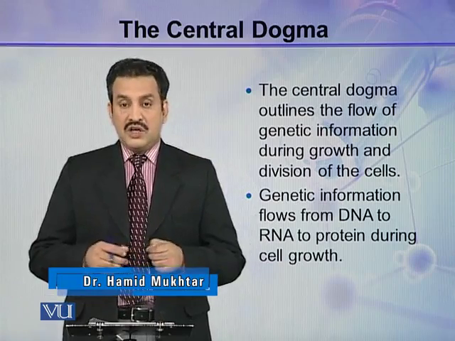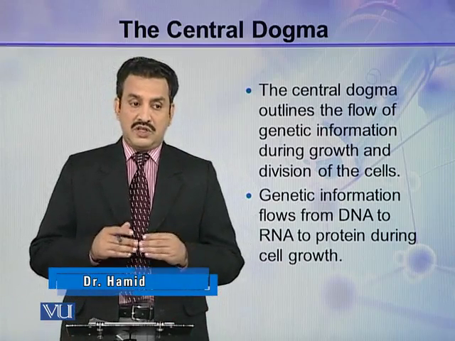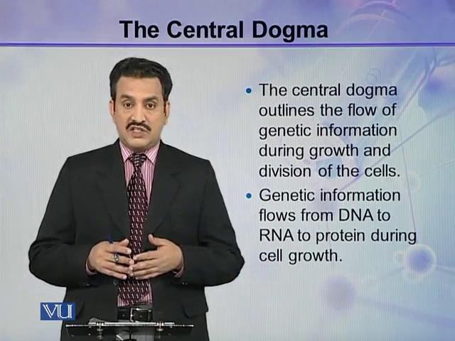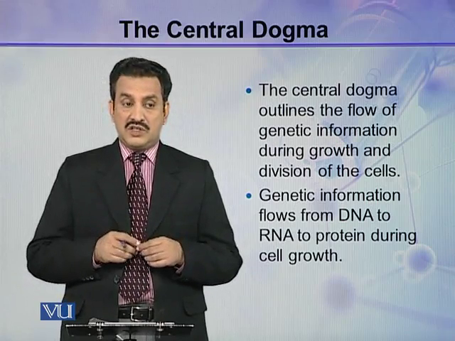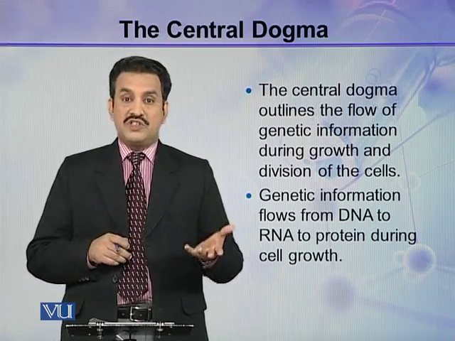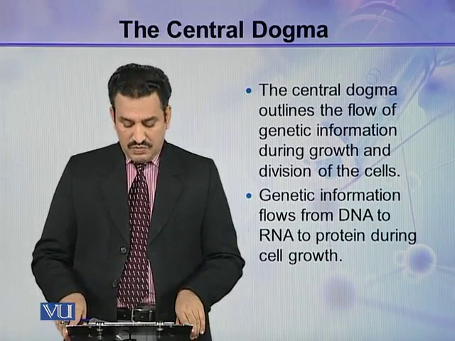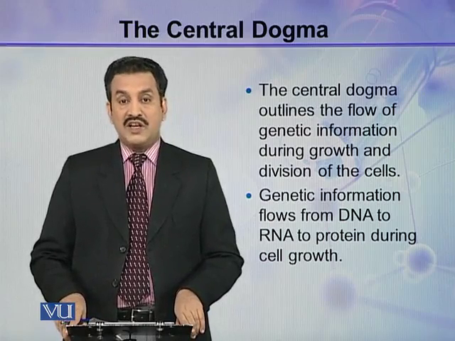And similarly, during the division of the cell, that means the formation of new cells, the question arises: how is the information stored in the DNA copied to the new cell? Genetic information flows from DNA to RNA to proteins during cell growth.